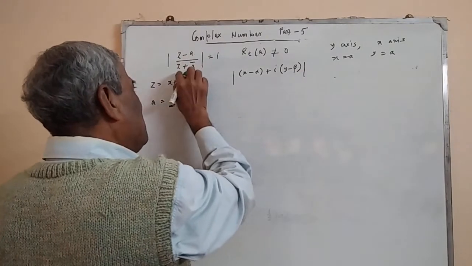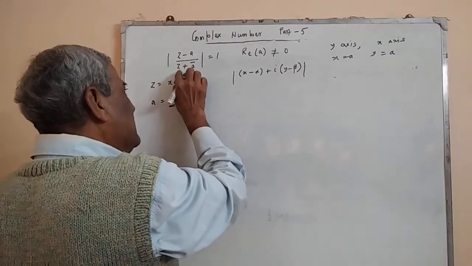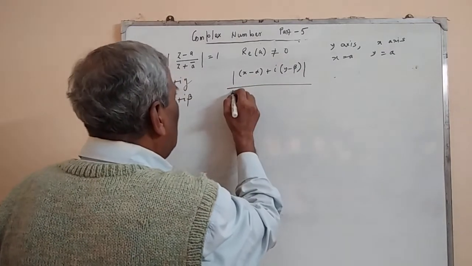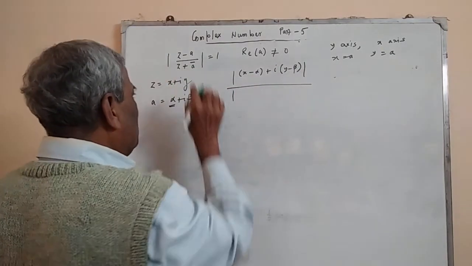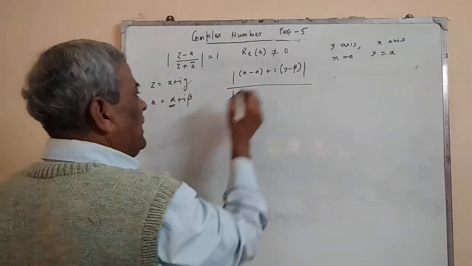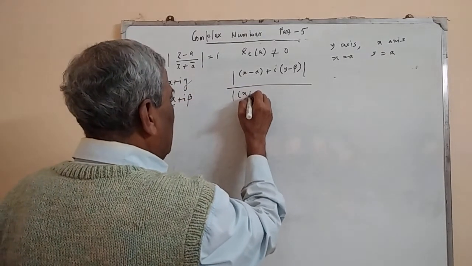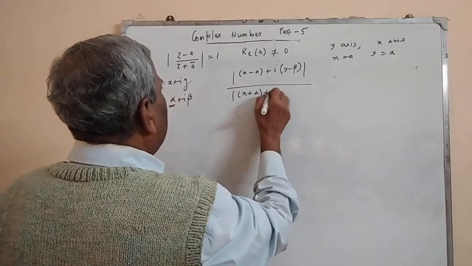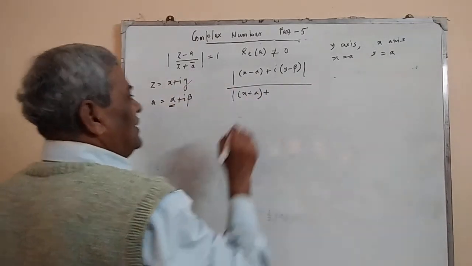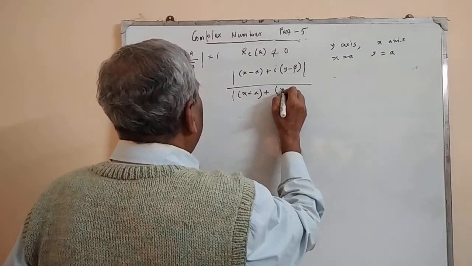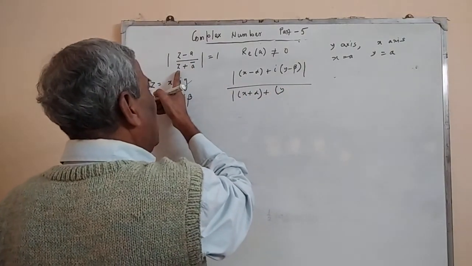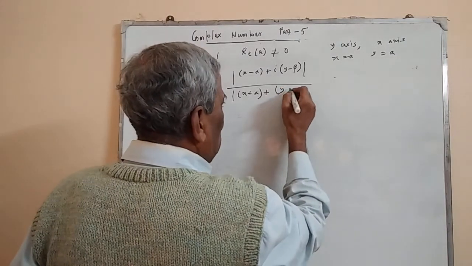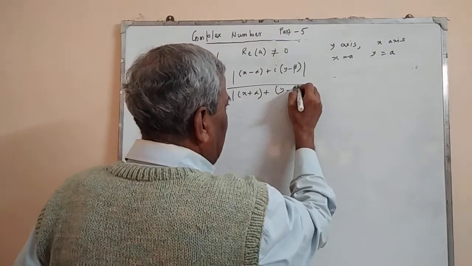Mod of (z minus a) by (z plus a bar) is mod of this whole divided by mod of z plus a bar. Z plus a bar means (x plus alpha) plus iy, and from there z bar is minus, so (y minus beta) into i.